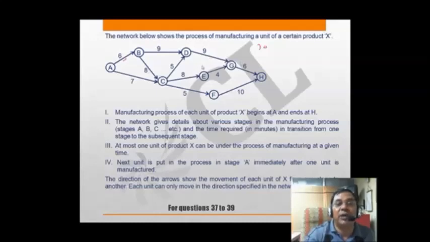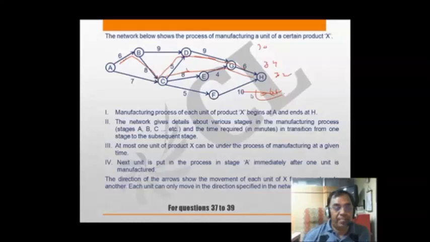So this becomes 34. This becomes 14 plus 18, 32. 7 5 12. This is the quickest. 22 is the easiest.